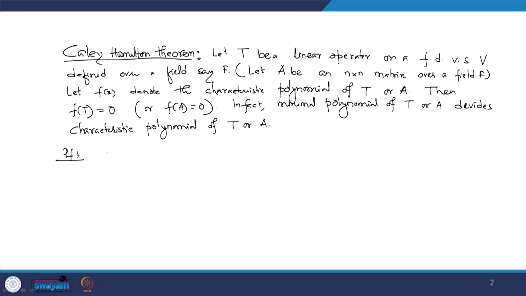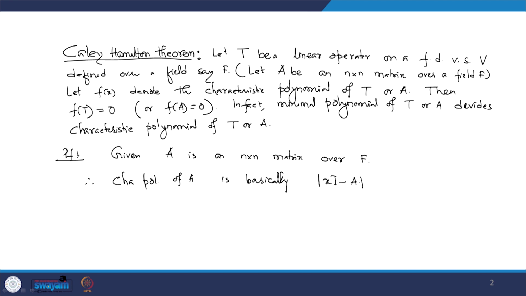Okay. So, given A is an n cross n matrix over the field capital F. According to the definition of the characteristic polynomial, I can say the characteristic polynomial of A is basically the determinant of xI minus A, or one can also write minus 1 to the power n times the determinant of A minus xI.